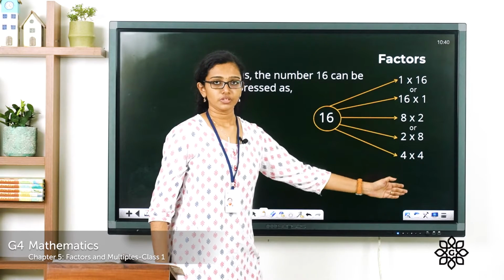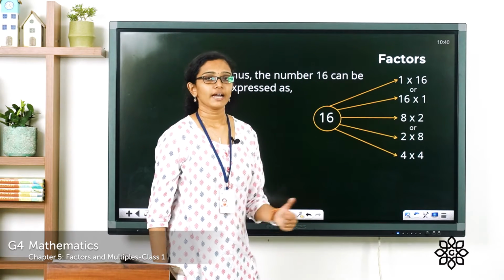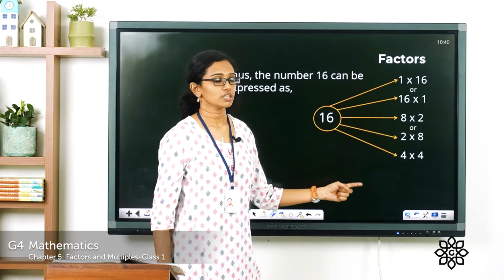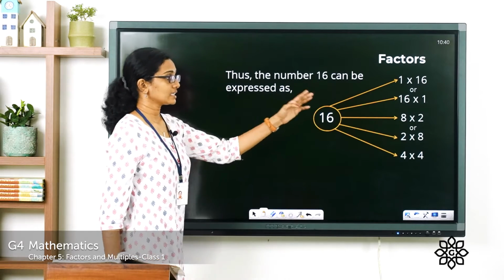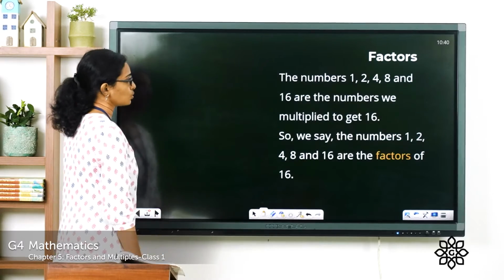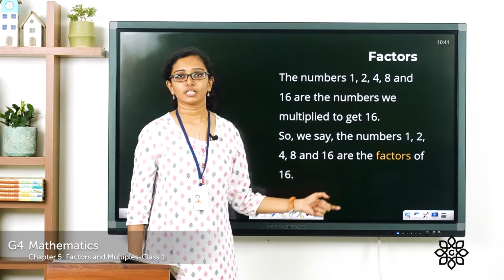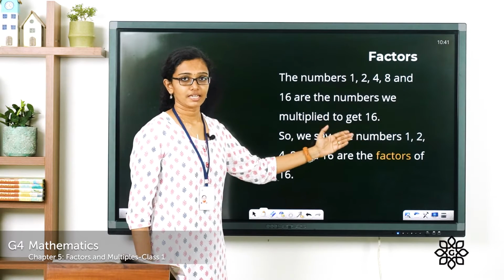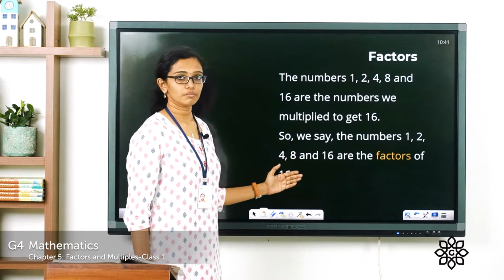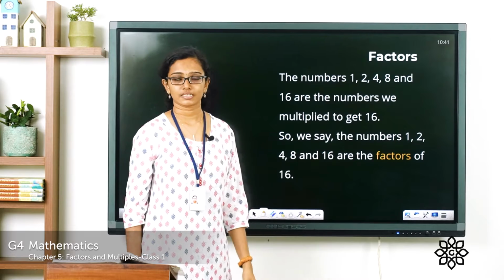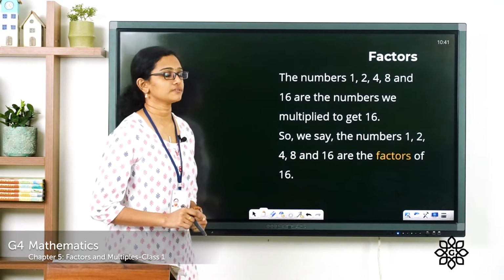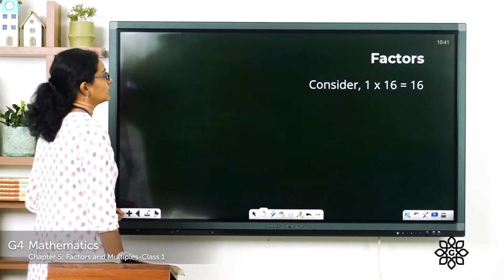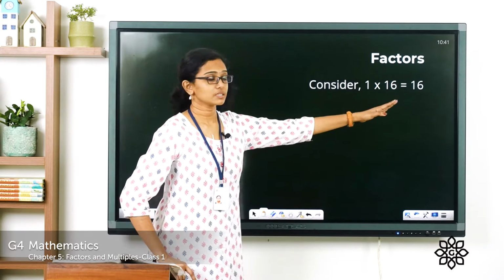These are the numbers that we multiplied to get the number 16, right? So we can say these numbers 1, 2, 4, 8 and 16, since we multiplied these numbers to get the number 16, are the factors of 16. Clear? Factors of 16.